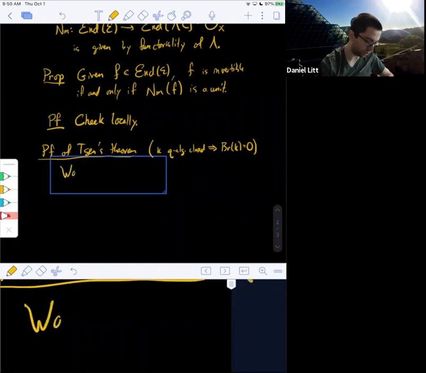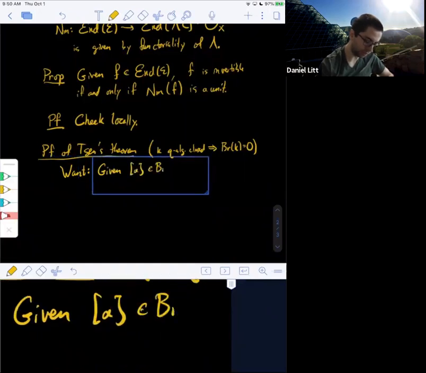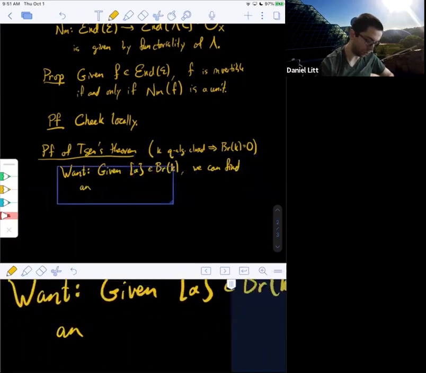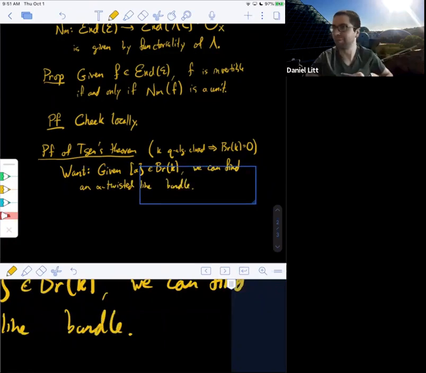We want to show that given an alpha in the Brauer group of K, we can find an alpha-twisted line bundle. Maybe it's a little bit silly to be talking about twisted sheaves on Spec K, but I think it's a useful point of view. So we'll see what happens.